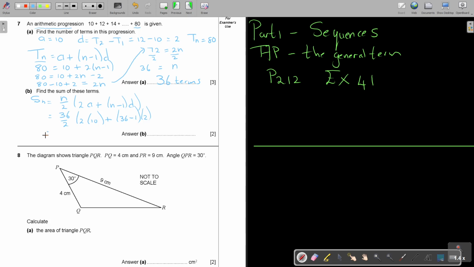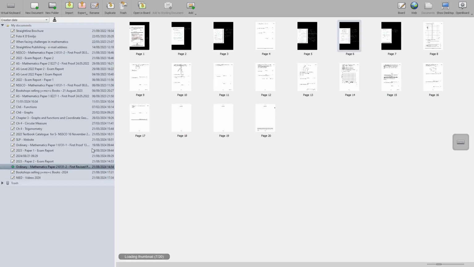So that is going to be 18 times 20, plus 35 times 2, which is 70. And if you simplify this, you're going to get 1620. Let's go to the exam report and check if we are correct.